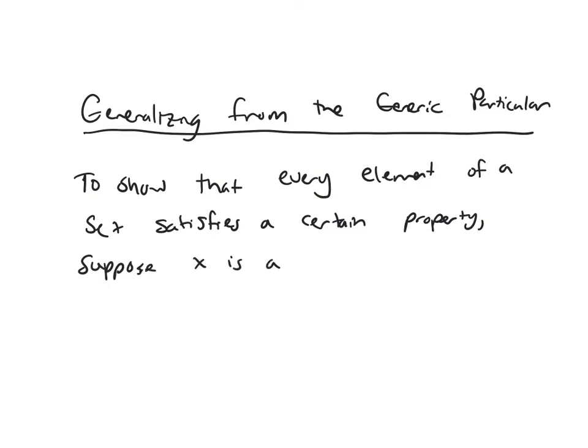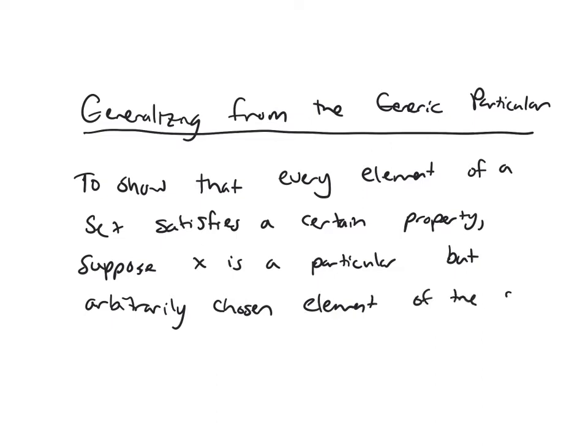X is a particular but arbitrarily chosen element of the set, and show that X satisfies the property.